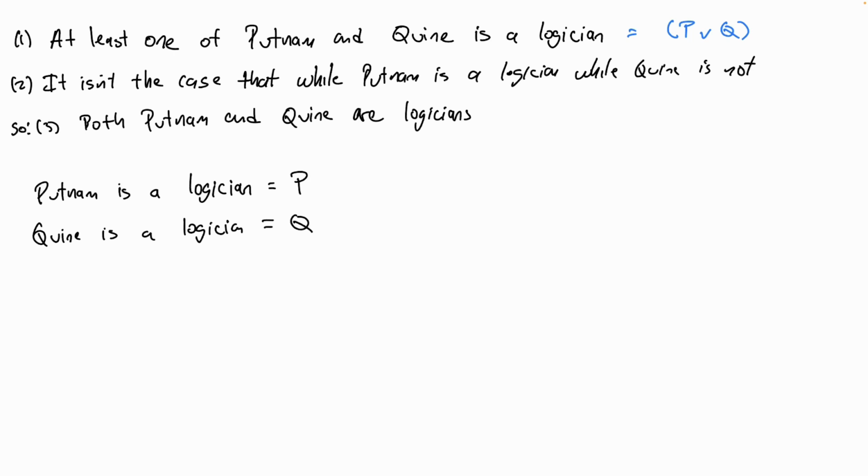Now consider the second premise. Its truth value is also determined by the truth values of those same two basic statements. It's the negation of the conjunction of P with the negation of Q. Finally, the same may be said of the conclusion. It's simply the conjunction of P and Q.